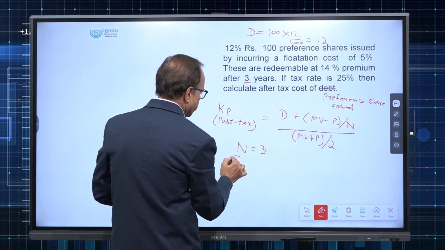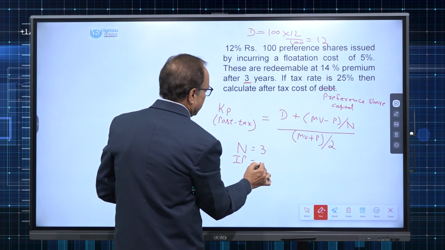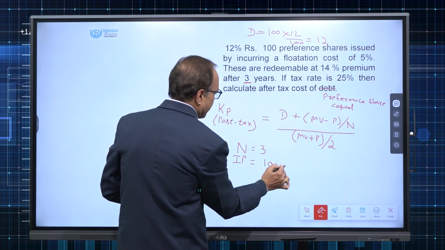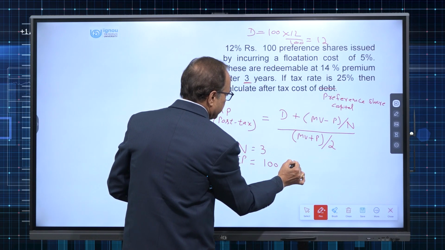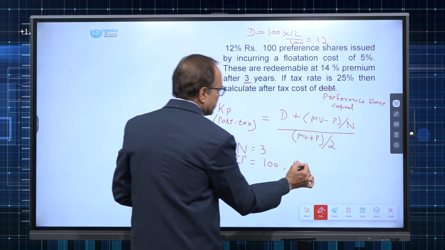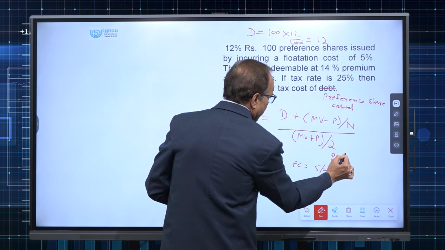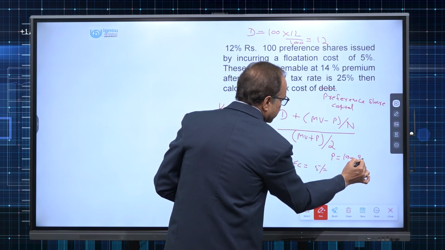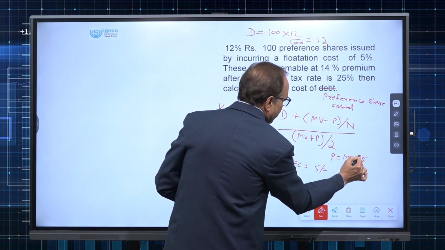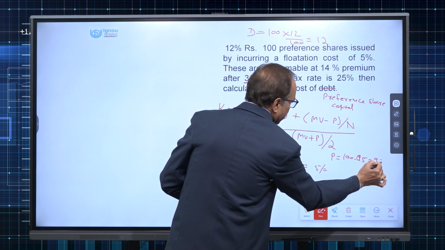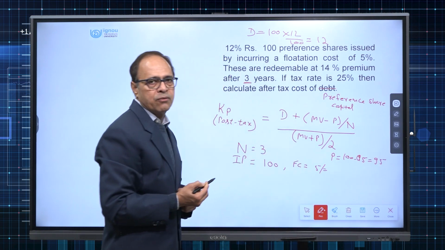Issue price is 100 because nothing is mentioned. Flotation cost is 5%, so rupees 5. So, we get P as 100 minus 5, we get it 95.